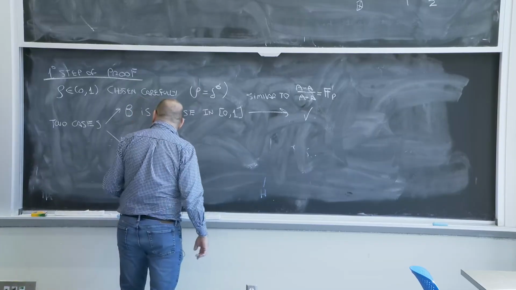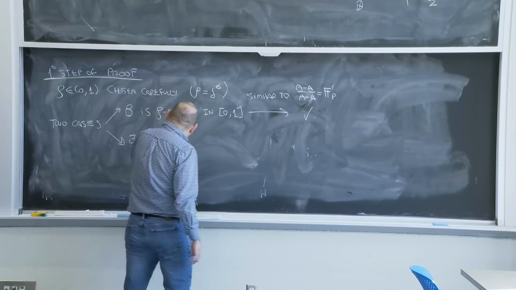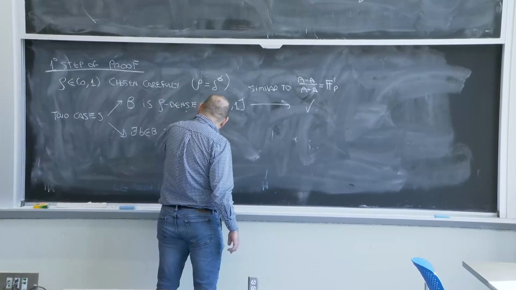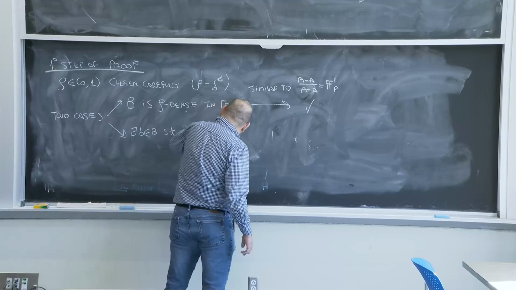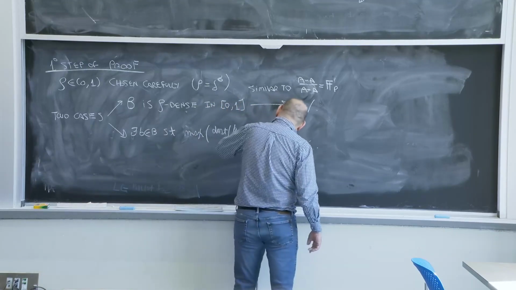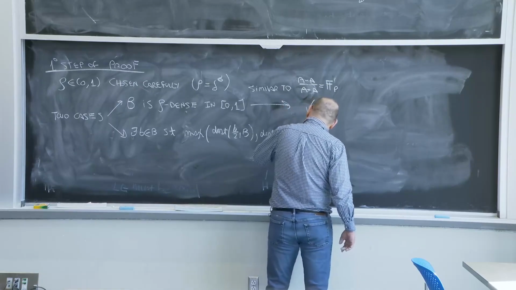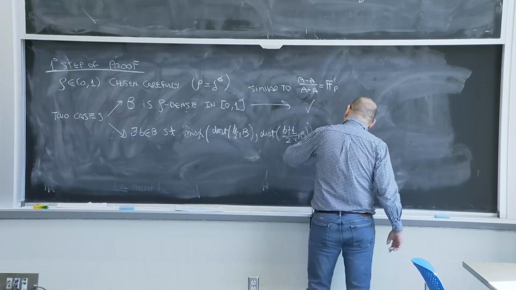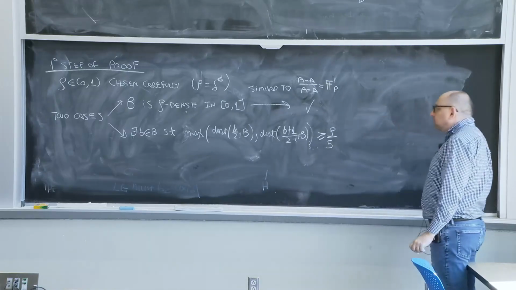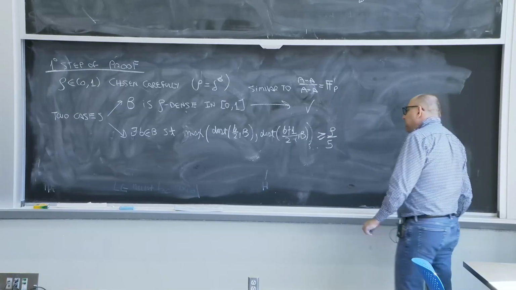OK, and the other possibility is that there exists a b in B such that either b over 2 is far from B, or b plus 1 over 2 is far from B. So there are two cases by the dichotomy.